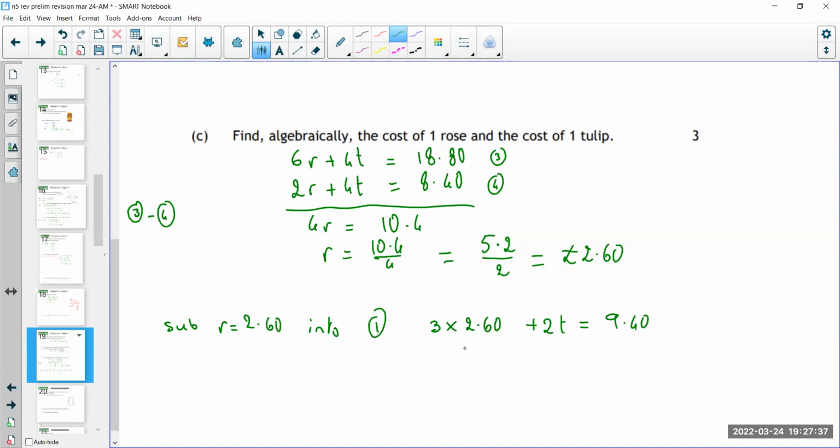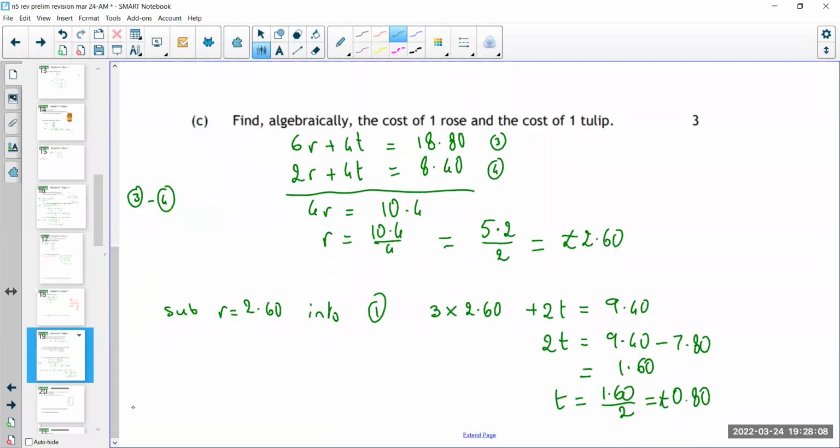That would give me 2t equal 940 minus 780. That is 160. Then t is just 160 divided by 2. And that is 0.80 if you want, or 80 pence.